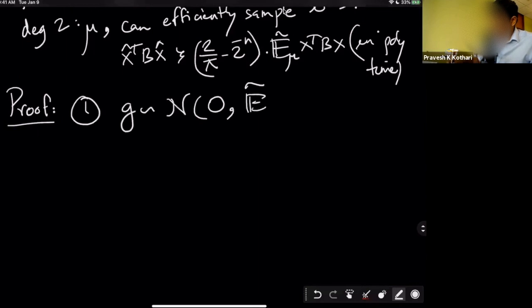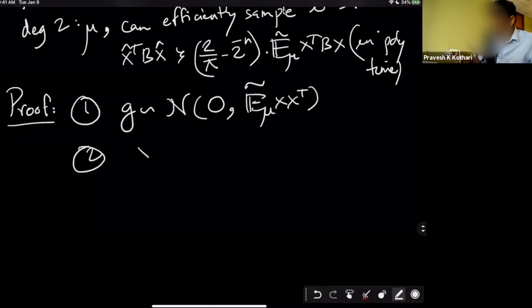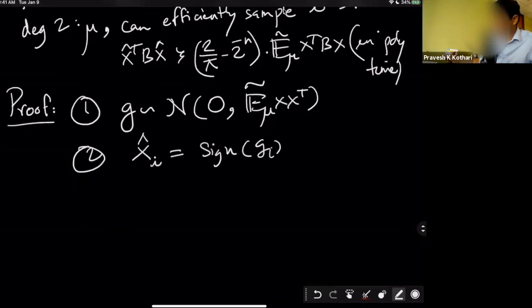So we're going to choose a Gaussian with the same second moment. Second moment is the covariance. And we're going to choose the rounded distribution to simply be the sign, for all 1 less than or equal to i less than or equal to n. Good. So let's analyze this.